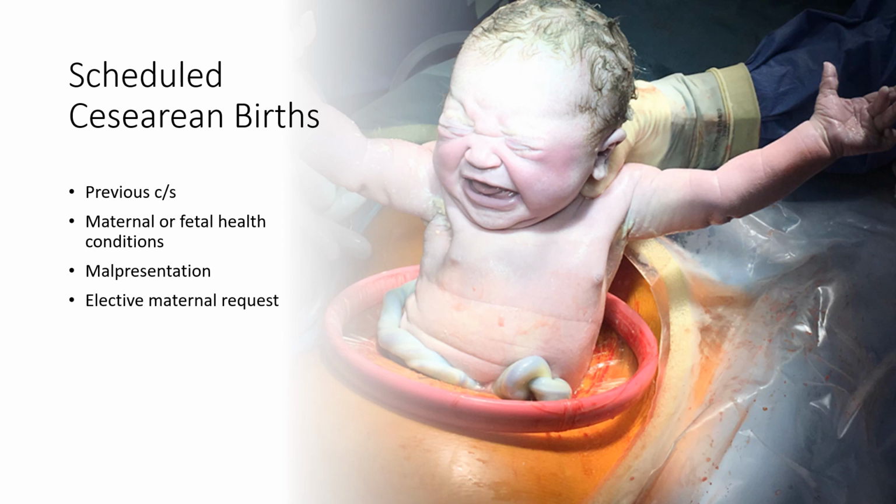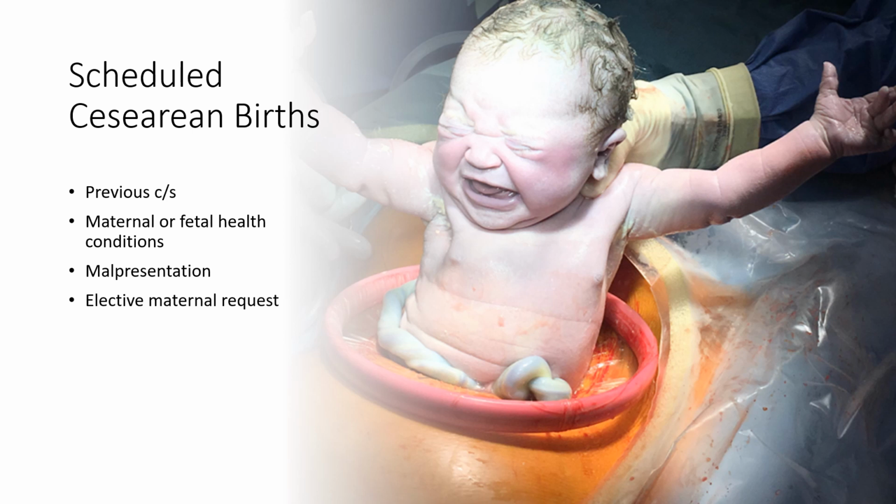So scheduled C-sections are where, ahead of time before she goes into labor, we are going to plan her C-section. So for example, let's say I go in for my first prenatal appointment and I have a history of 3 other C-sections, okay? They're going to say, you know what, let's schedule your 4th C-section when you're 39 weeks pregnant.